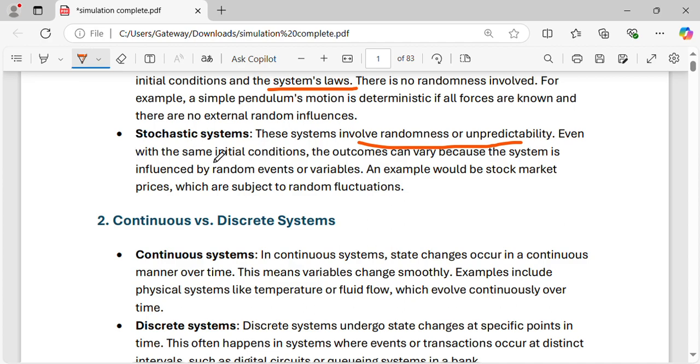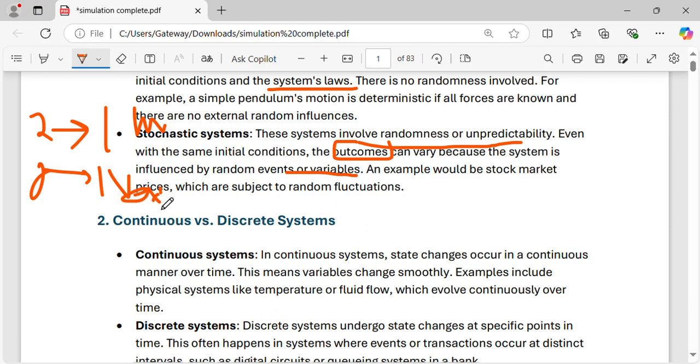Okay, stochastic systems involve randomness or unpredictability. Even with the same initial conditions, the outcomes can vary because the system is influenced by random events or variables, right? How can the outcome vary? Because we have two customers coming in at 1 hour, and then we have no customers coming in the next hour.